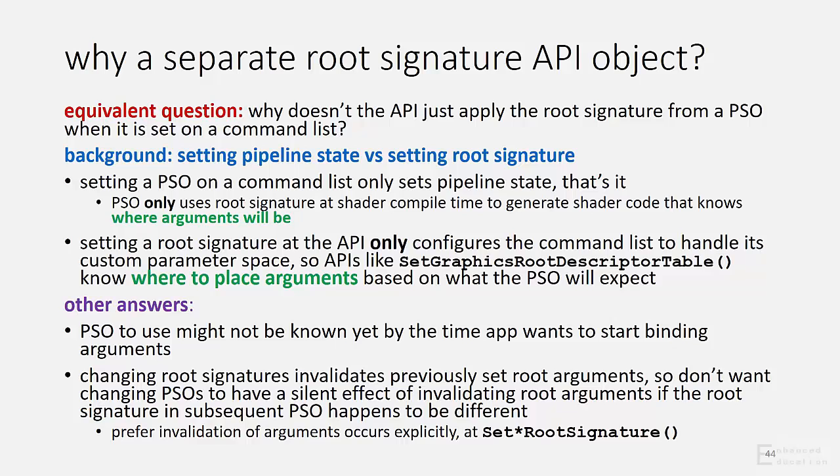And the reason that's important is that changing root signatures invalidates all previously set root arguments, because the new root signature defines a new parameter space.